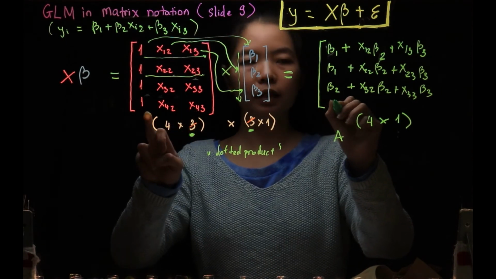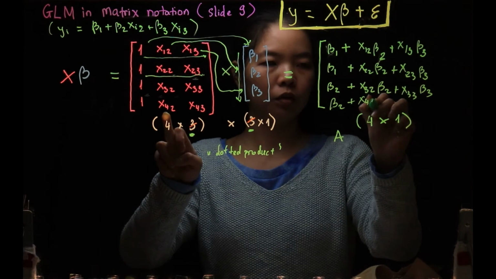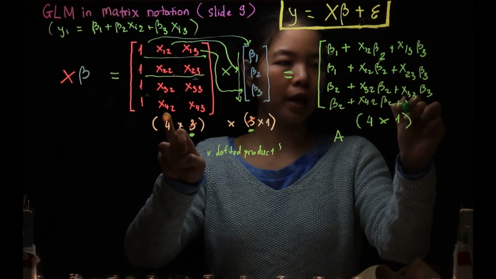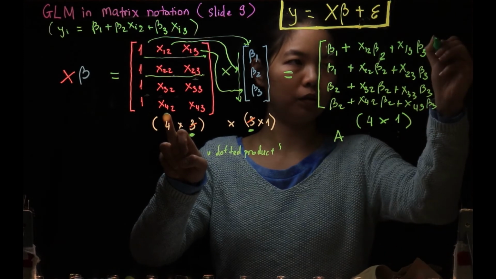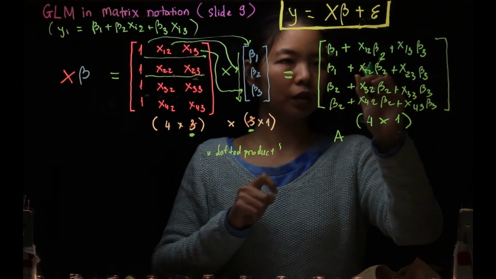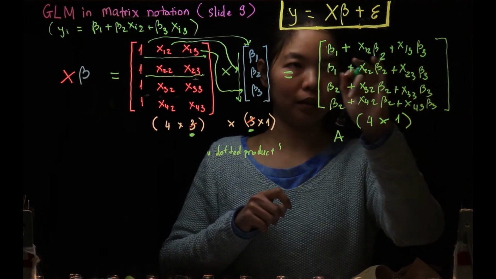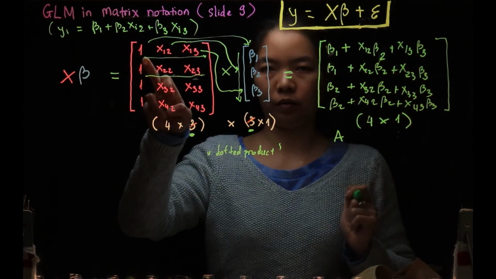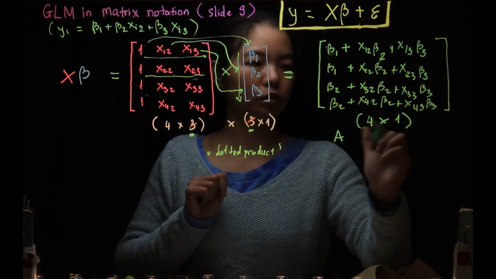And the last row is beta 1 plus x42 times beta 2 plus x43 times beta 3, and you finish. So each row has only one element, and this element is the sum, the dot product, so to say.